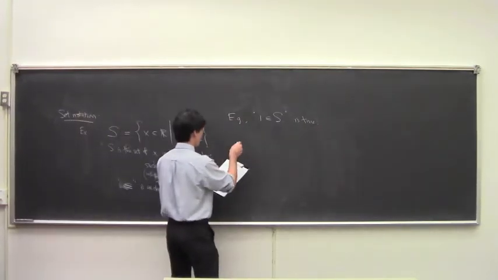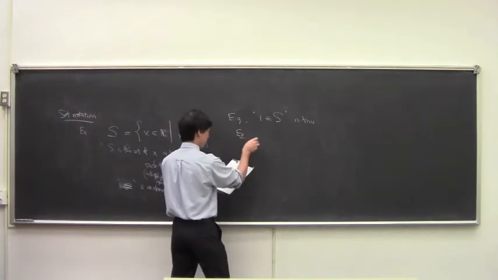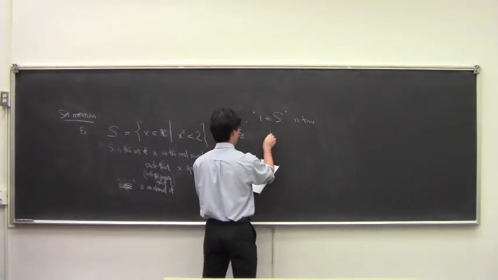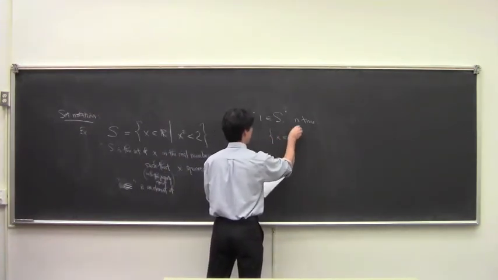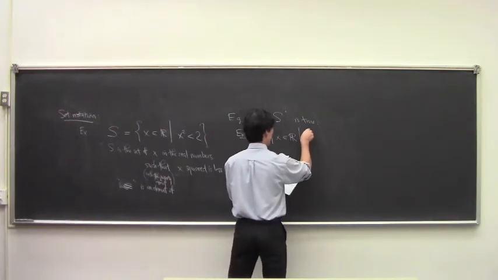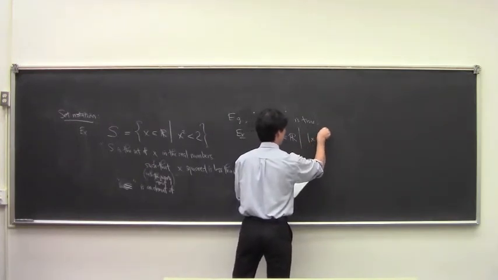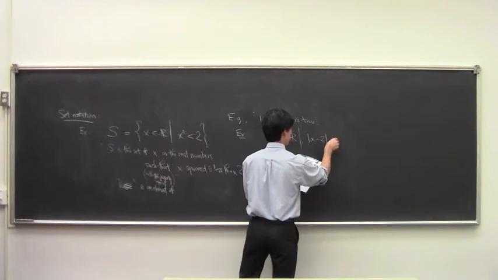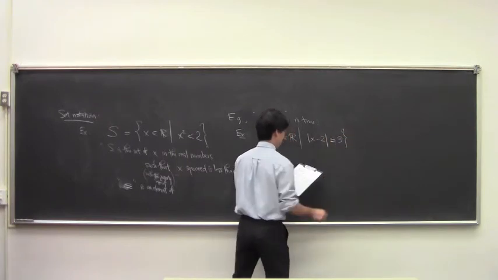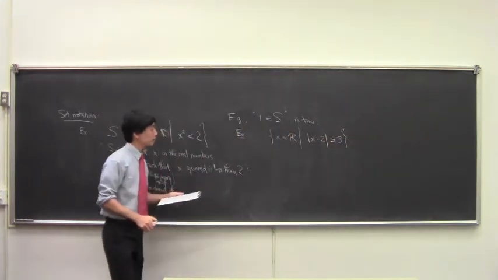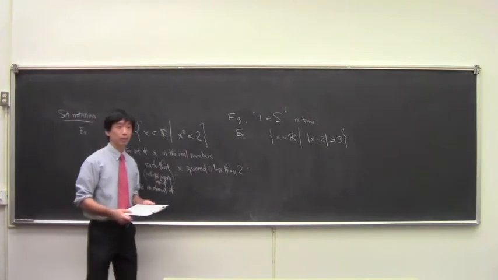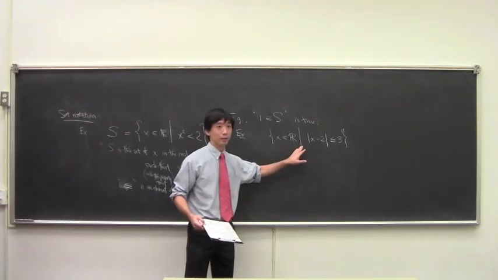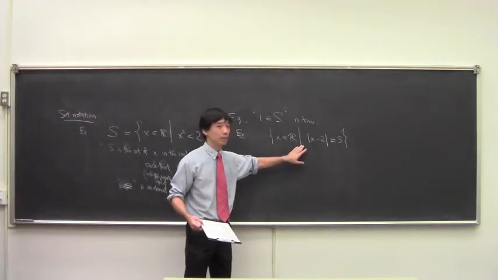Right? Another example, if I say something like the set of real numbers x such that the absolute value of x minus 2 is less than or equal to 3. Is everybody able to read this sort of thing?